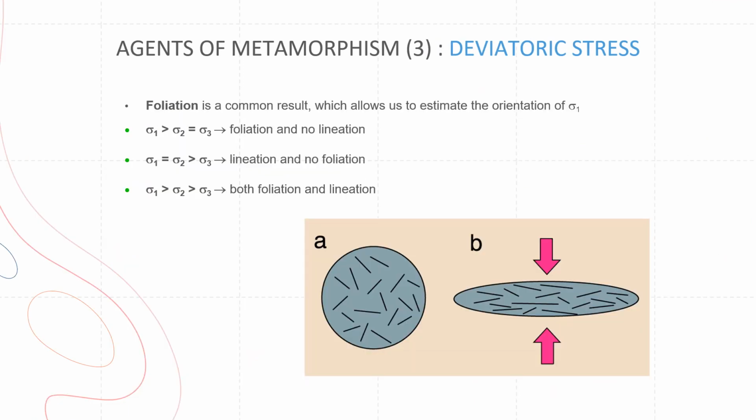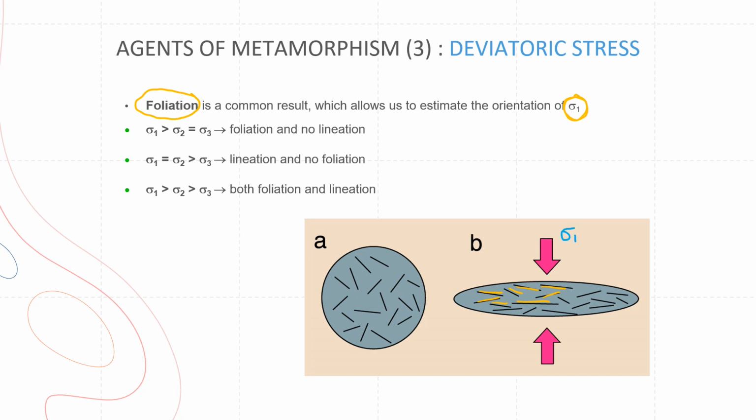With deviatoric stress, one of the most common results that you would get is foliation. And foliation allows us to estimate the orientation of sigma 1. What this means is that by looking at the orientation of minerals in a rock, you can try and deduce the directions of sigma 1.